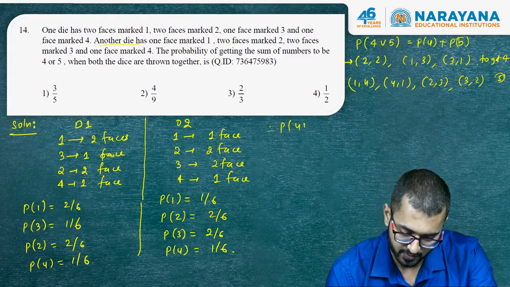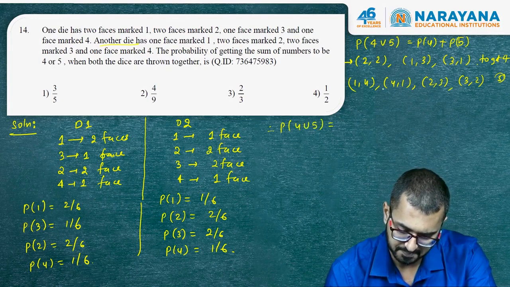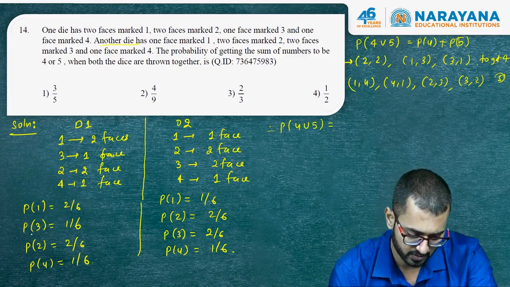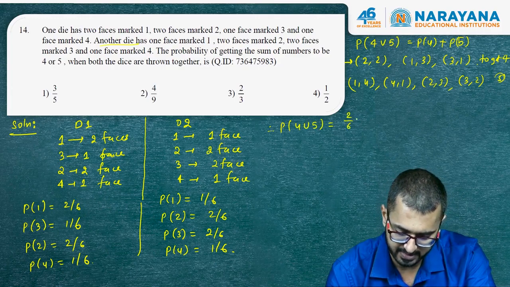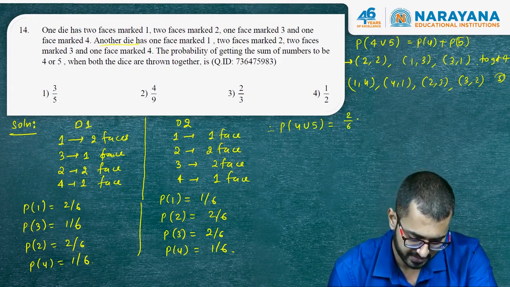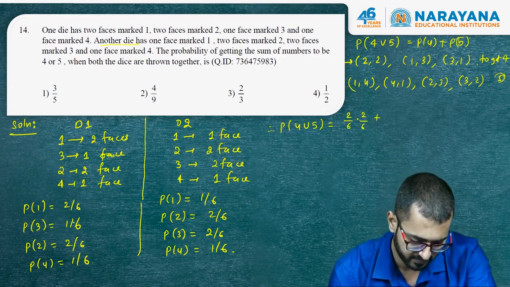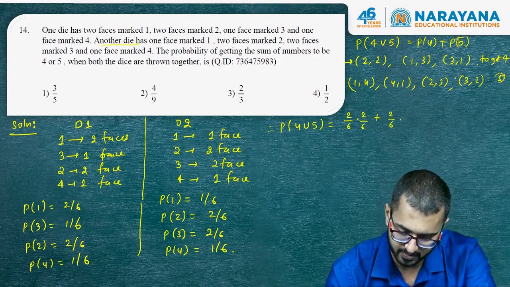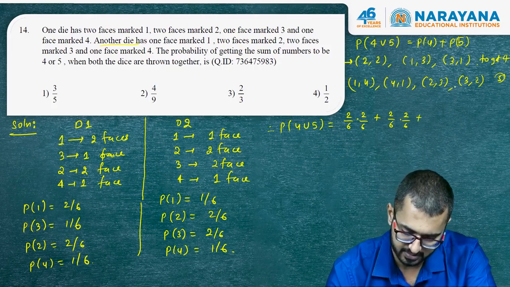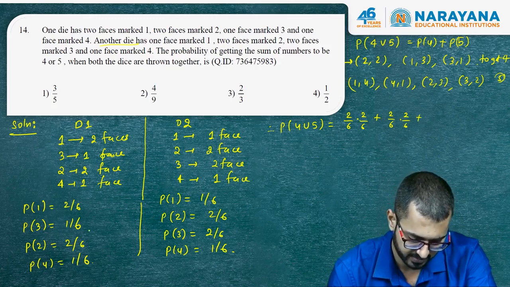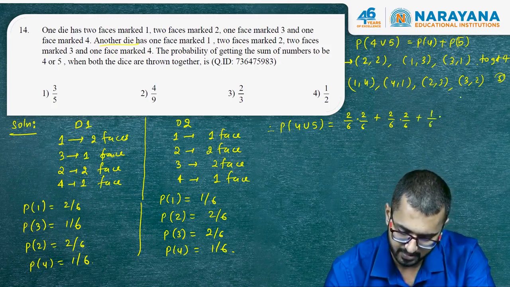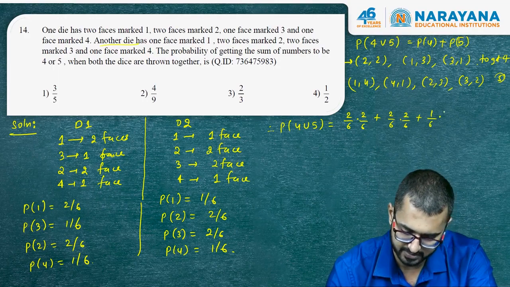P of 4 union 5 will now become 2 2. So 2 on the first die will become 2 by 6 and 2 on the second die will become again 2 by 6. Plus for 1 3, for 1 we have here 2 by 6 and for 3 we have again 2 by 6, and then plus for 3 1, for 3 we have 1 by 6 and for 1 we have 2 by 6.